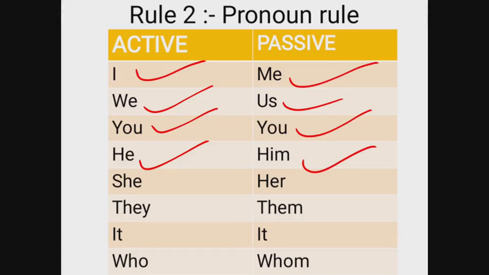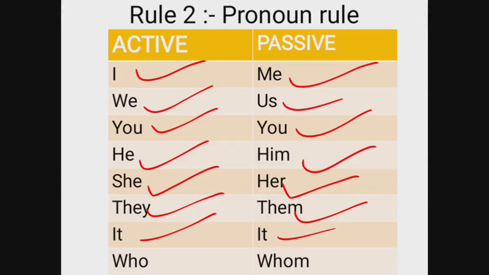In the active voice, if the subject is she, in the passive voice, it will change to her. Active voice, if the subject is they, when changed to passive voice, it will become them. For active, if the subject is it, it remains as it.